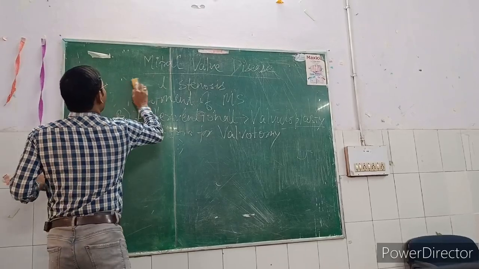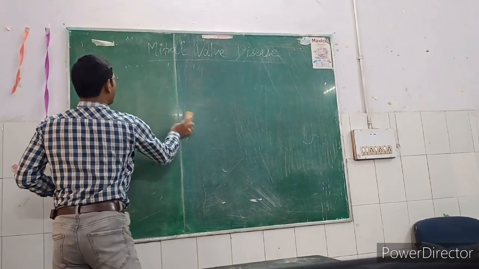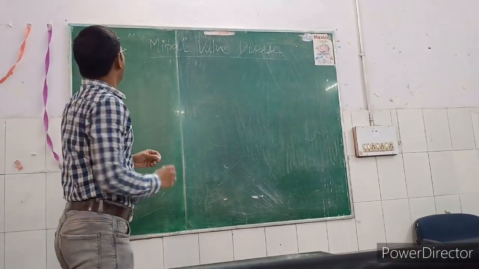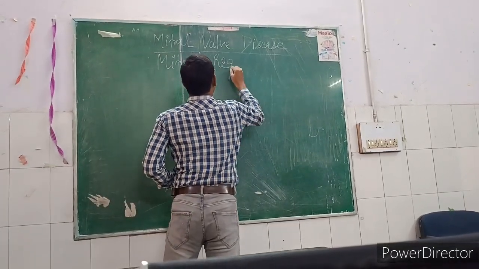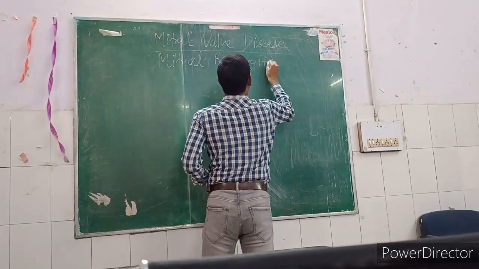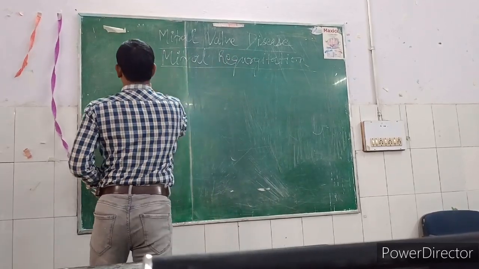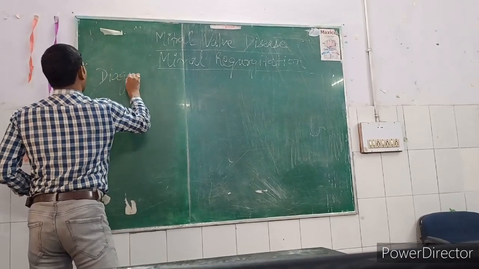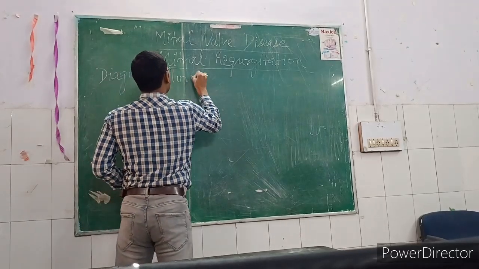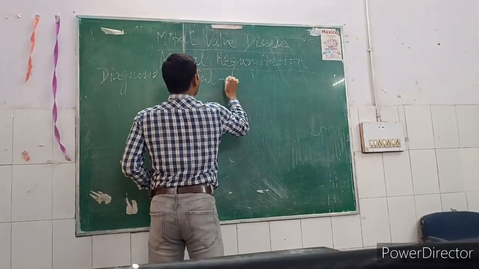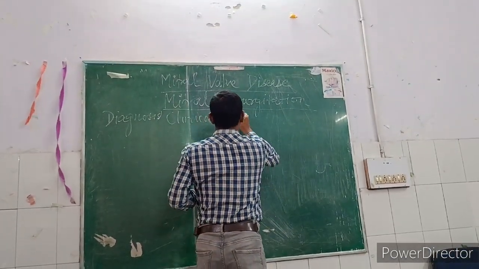And now, coming to mitral regurgitation. First, the diagnosis part. Number one is clinical diagnosis. Clinical diagnosis practically boils down to auscultation findings.